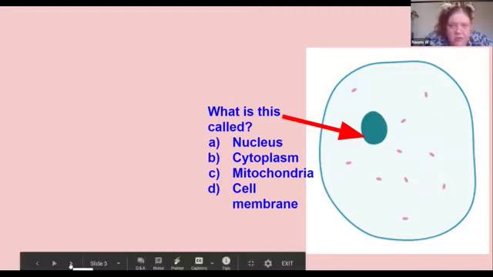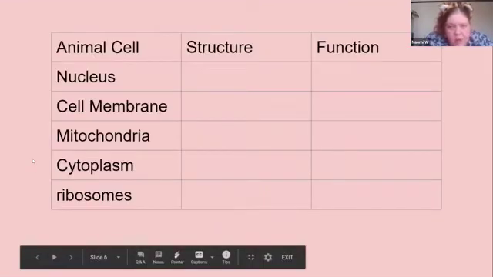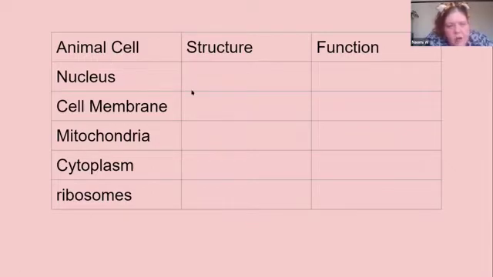Now this is a little task for you to do when you get your slides. So this is a table. Okay, and when I talked through it earlier, and I'll just quickly talk through it again, you put the structure, so that's its sort of form, into this bit, and then the function is what it does. So for example, the nucleus, the structure is the DNA, the fact that it's got the DNA there, and then the function would be that it's the control center.